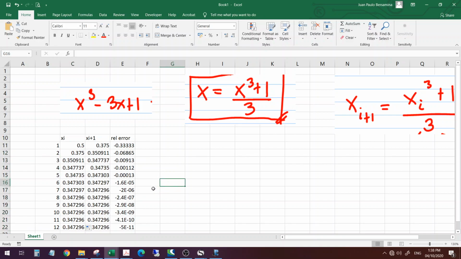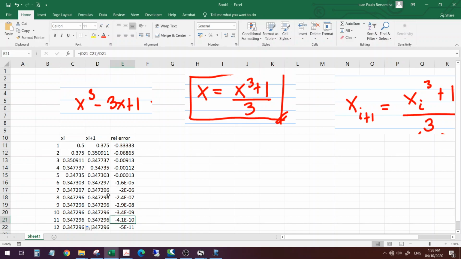So as you notice, from iteration 4 until, say, 12, we're coming up with the same x sub i and x sub i plus 1. So that means we already reached the solution such that the relative error is negligible.